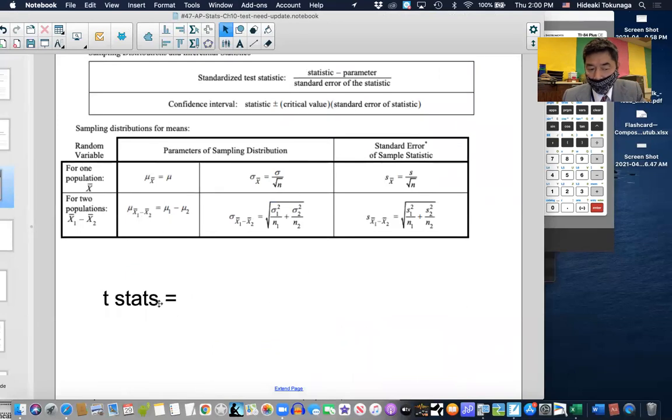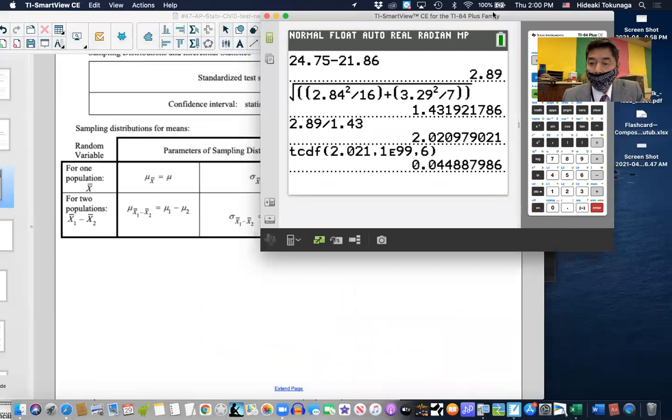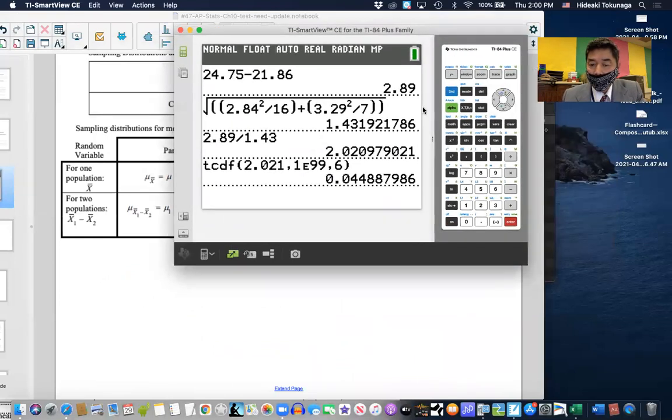Now I will ask one more thing: when you run the t statistic, you have to run the p-value location.